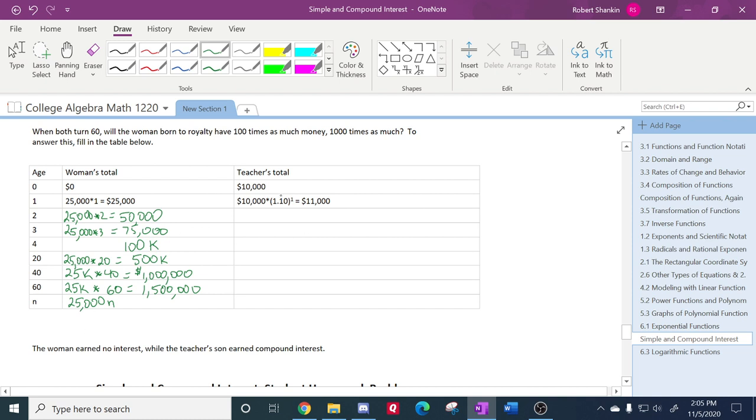Now, let's go to the teacher's total. You can see how I computed 1 year's worth of interest. Get these for all of these, all the way down.